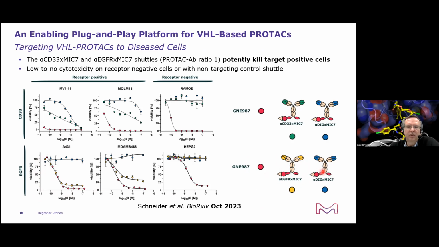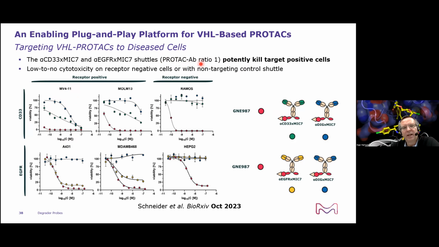If you use a non-matching control where you are not binding the EGFR on the surface, you effectively detoxify the PROTAC. And you can see the same if you do this with the CD33 PROXEP shuttle. Here, the number of receptors on the surface is lower. That's why you have this in-between setup. But obviously, and I should point this out, this is a construct where the PROTAC antibody ratio is 1.